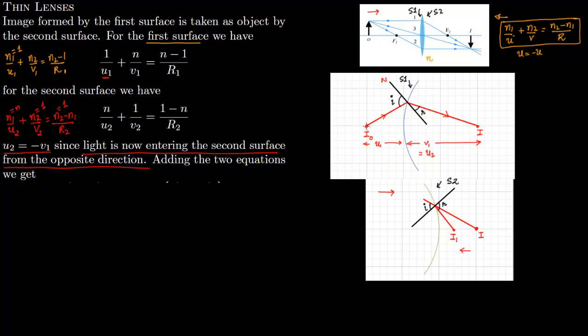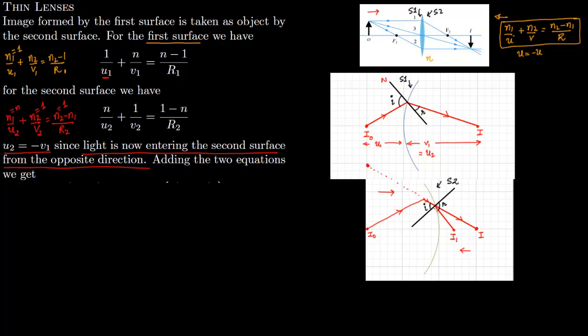Initial object is somewhere here, this is I0, and its image is supposed to be at I. But this ray of light, which was supposed to go from here to here, does not go to I, but gets refracted. Once it gets refracted, that means for the second surface the object seems to be somewhere here.